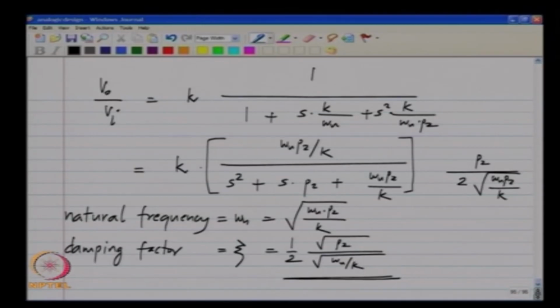Now, if you know the damping factor and the natural frequency of a second order system, you can make statements about the kind of step response it is going to have. Okay. You know that if the damping factor is much more than 1, then the step response looks like the step response of a first order system, and if the damping factor is much less than 1, there will be sinusoidal ringing in the step response. The damping factor characterizes the step response and tells you whether the step response is over damped, critically damped or under damped.